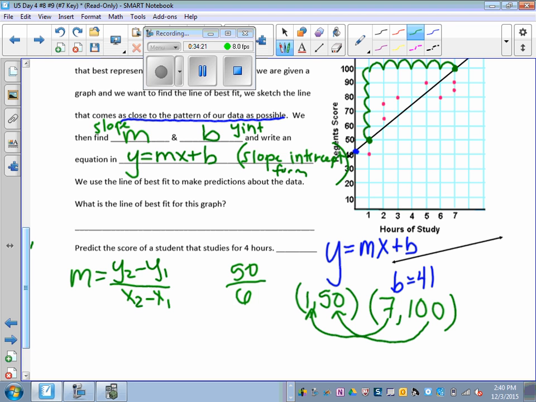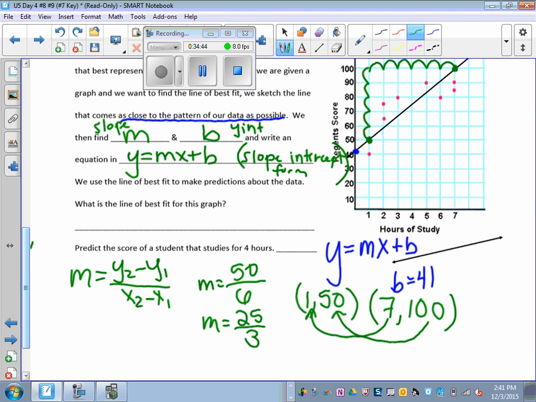Okay. If you put this in your calculator, 50 over 6, what does that reduce down to? What is it in a fraction? Hit math fraction. 25 thirds. Good, 25 thirds.